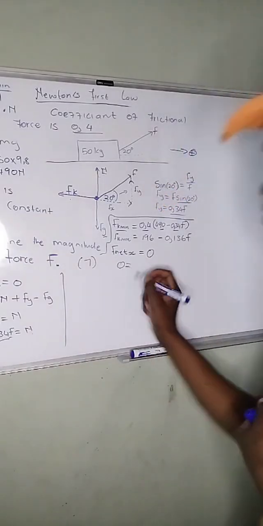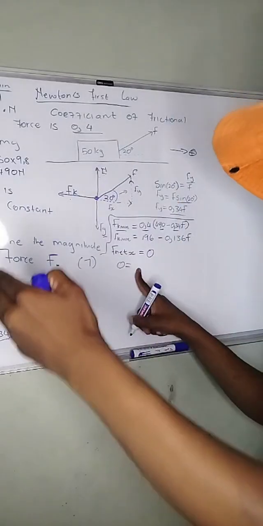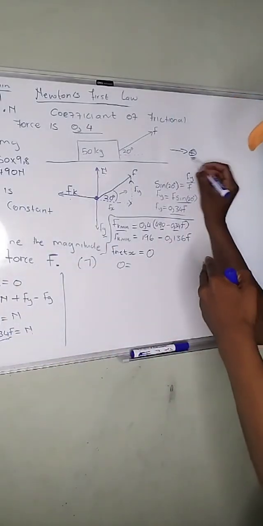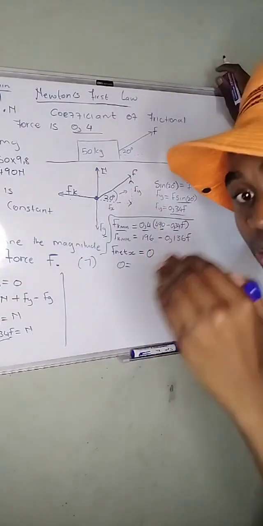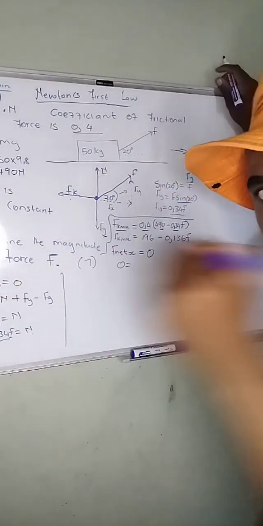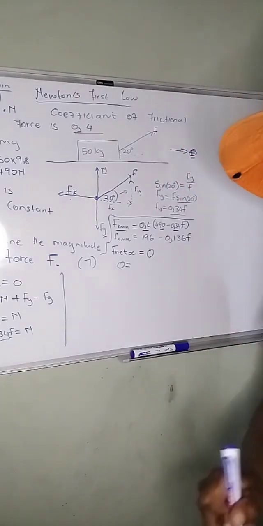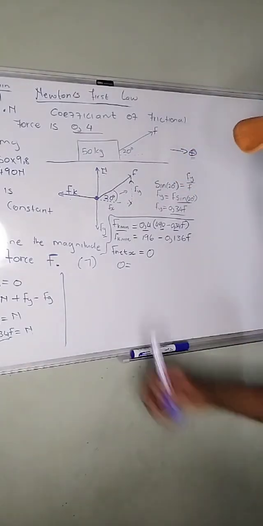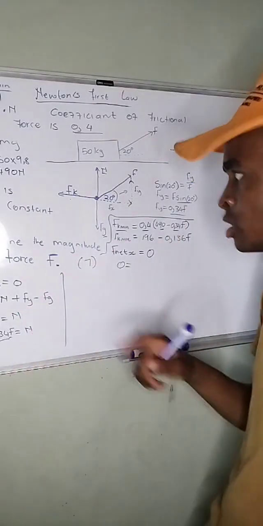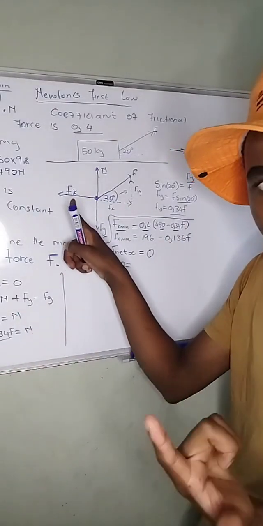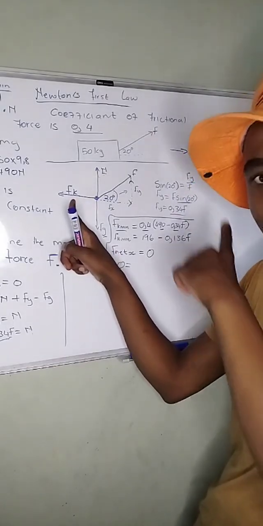Since I chose my right to be positive, I want to know if my Fk is going to be positive or negative. Where is this Fk pointing? Is it pointing to the left or to the right?